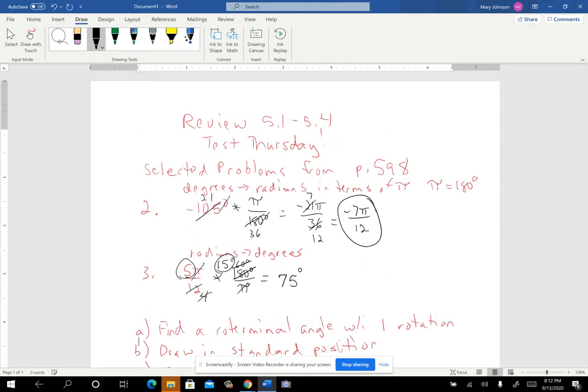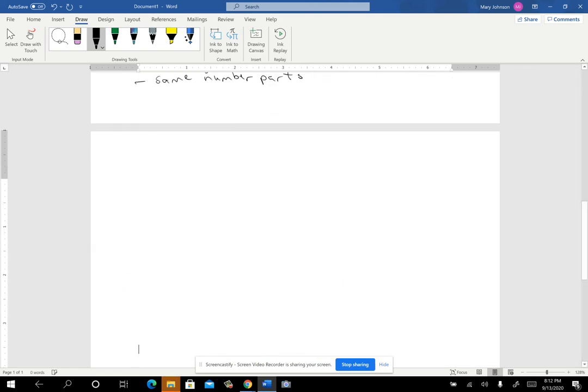All right, so now let's look at number 6. Number 6 was the angle negative, still with a pi, negative 19 pi over 4. Since it was over 4, I'm splitting up pi into 4 pieces. I'm going to do that all the way around. Negative means I'm going to go clockwise.